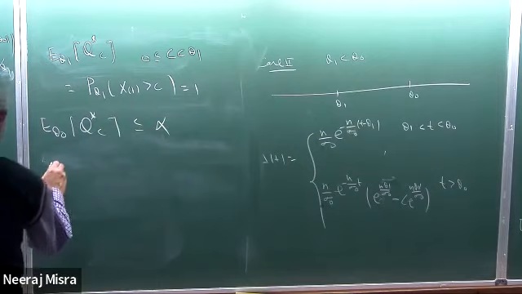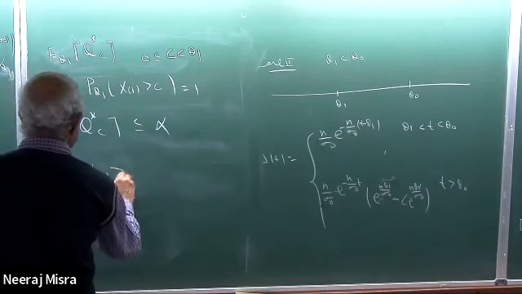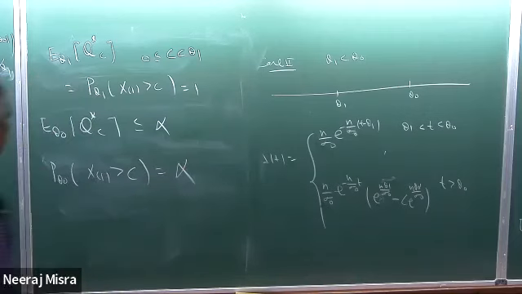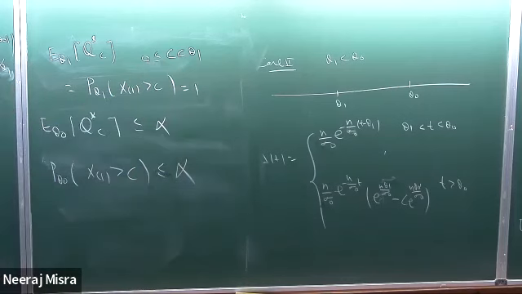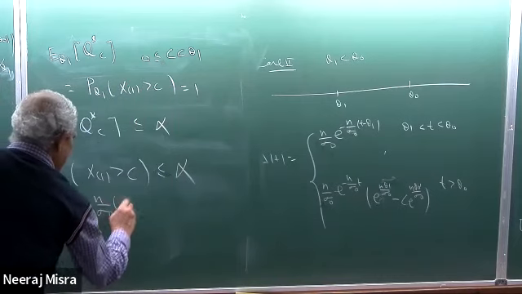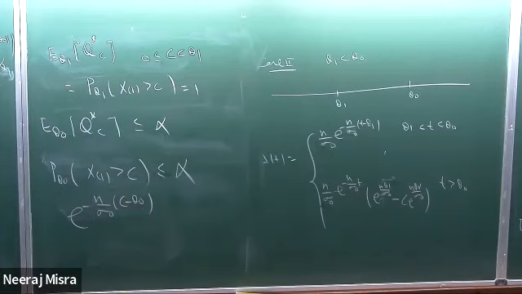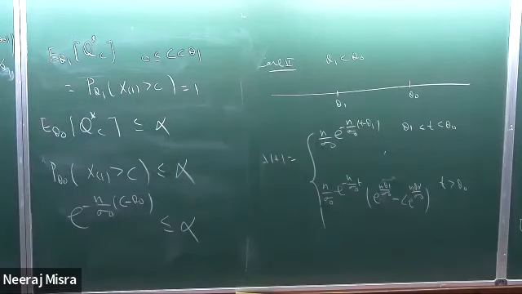That means probability under theta naught that x1 is greater than C should be less than or equal to alpha. C is between theta naught and theta 1, and x1 is under H naught. So this would be equal to e to power minus n by sigma naught (C minus theta naught) should be less than or equal to alpha. Is that okay?